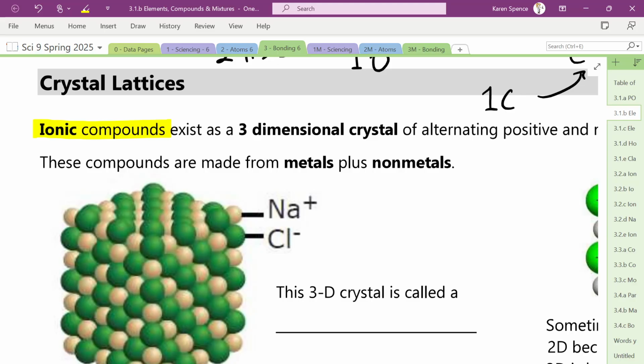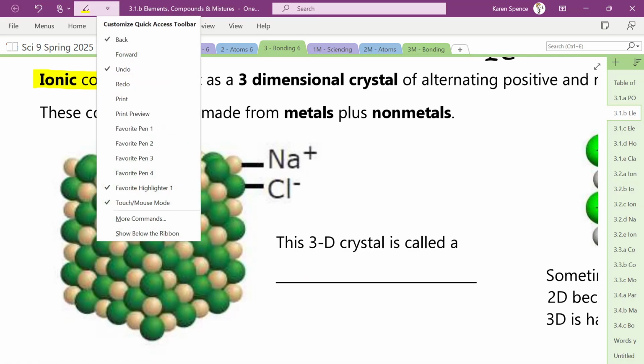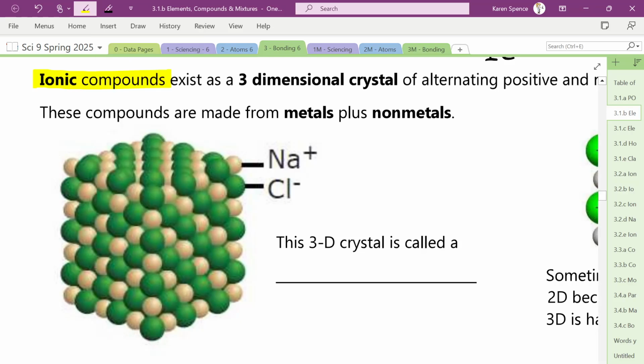And this structure here, it's a crystal, and it is called a crystal lattice. Let's write that down. Crystal. And then the second word is lattice. Crystal lattice.